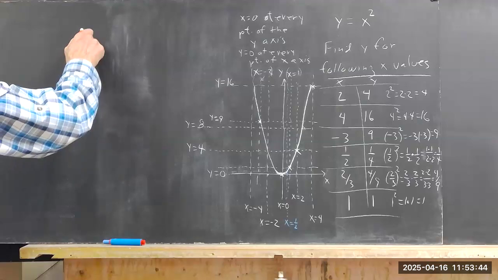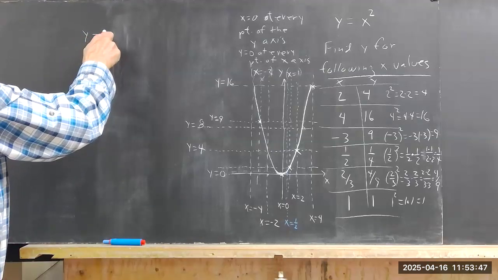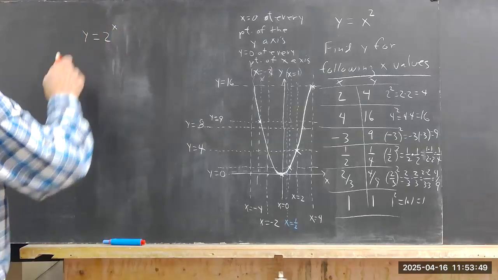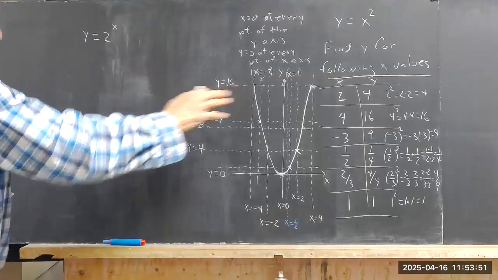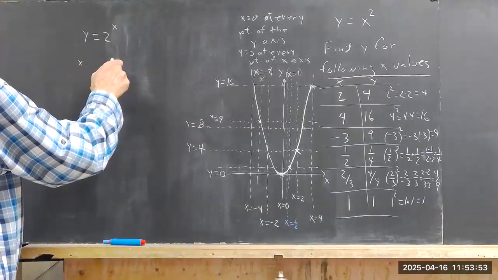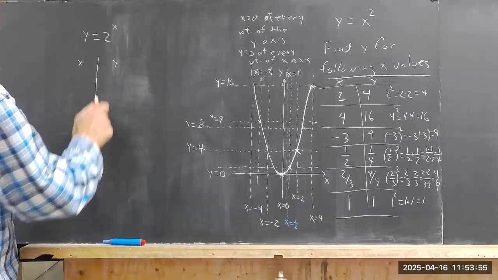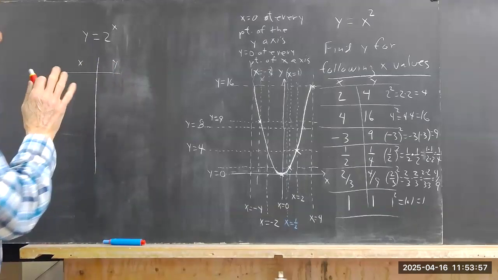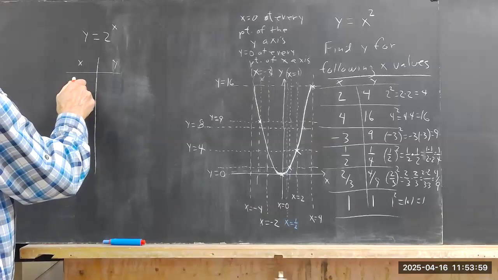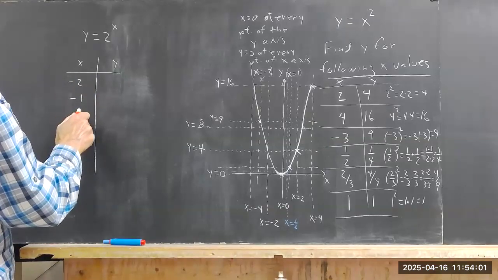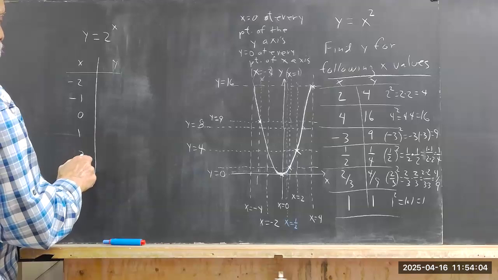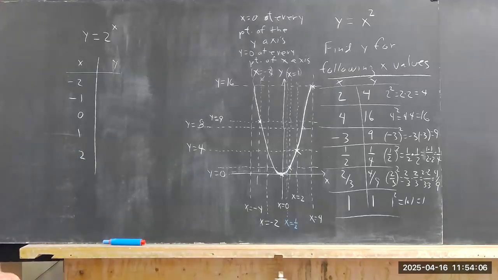Let's do another one. Now, values that we're going to use for x are -2, -1, 0, 1, and 2.